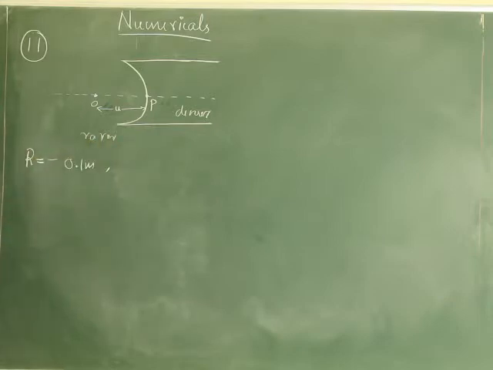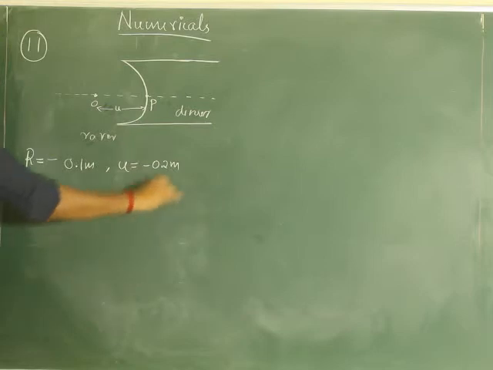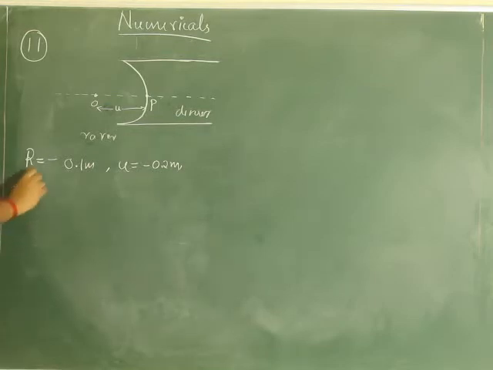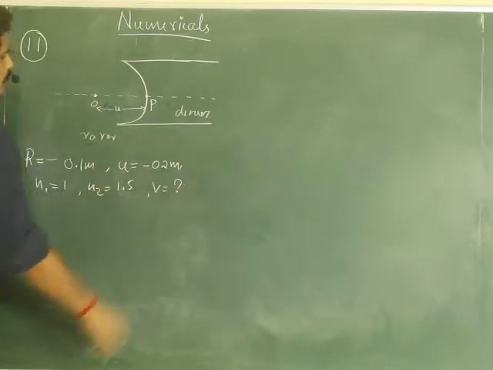Next, the object is placed at 0.2, so the object distance is minus 0.2 meter. Next, the refractive indexes are given, that is n1 equal to 1, n2 equal to 1.5. We are supposed to find out v.